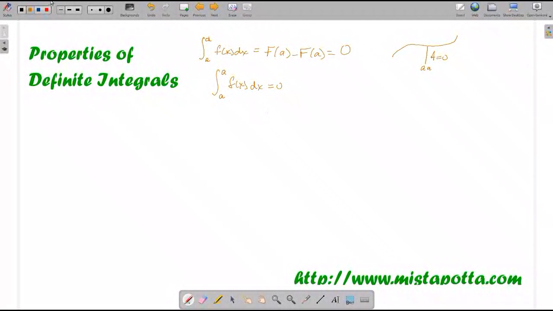And there are some other properties that we're going to be talking about with this as well.